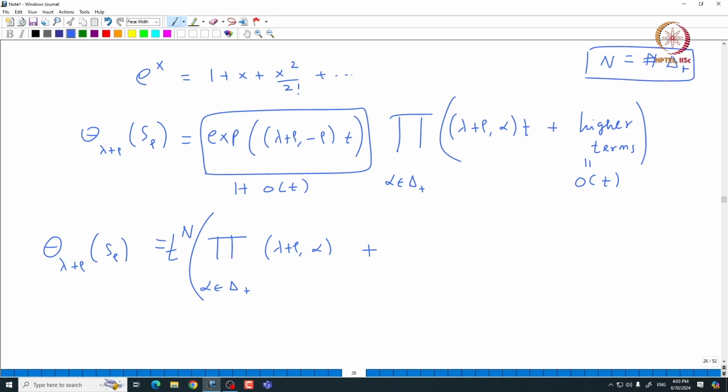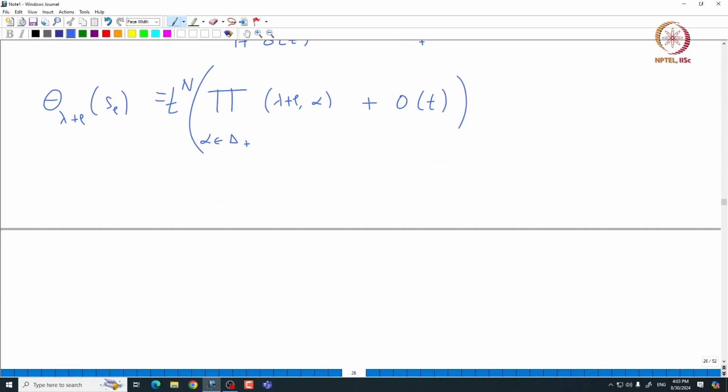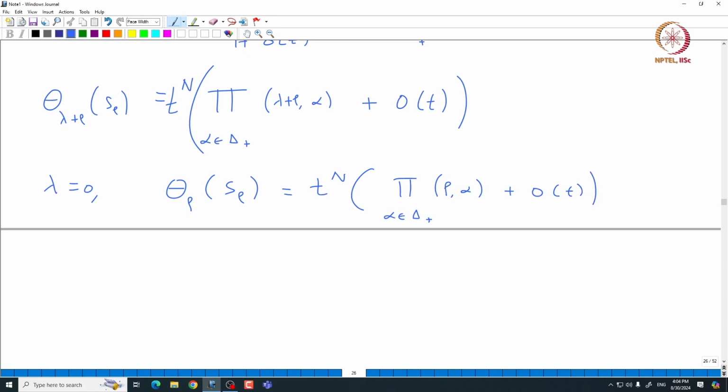So, then this is t power n times the product of (lambda plus rho, alpha) plus this O of t. So, that is what you get. Similarly, if you put lambda equal to 0, you can see that theta rho of S rho is exactly equal to t power n times the product of (rho, alpha), alpha in delta plus, plus O of t. This is what you get.